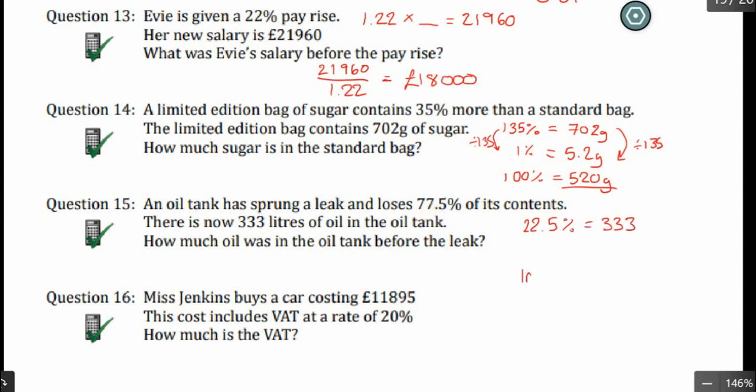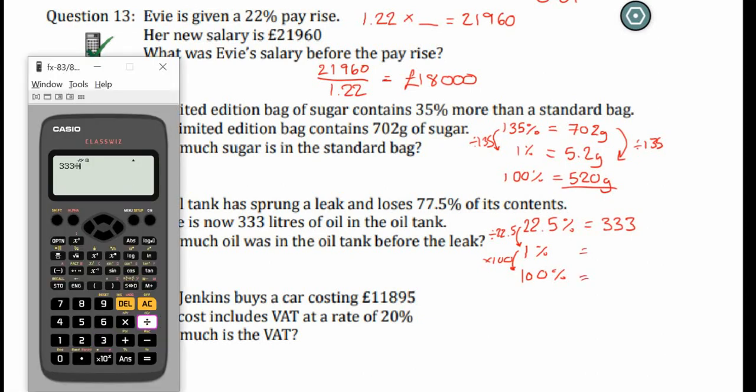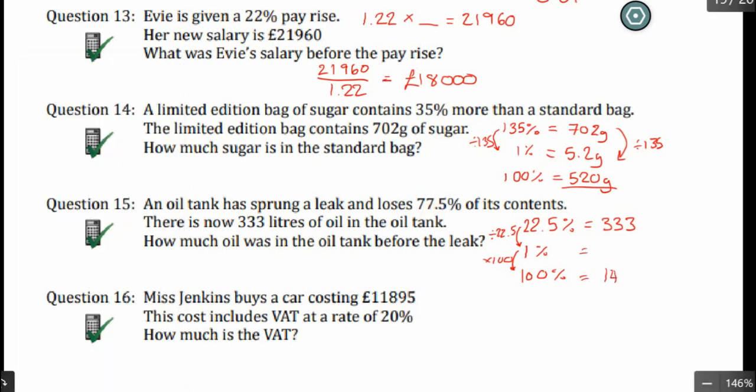To turn it back into 100%, let's find what 1% is. We need to divide by 22.5 and times by 100. So if we do the same with 333, do it all in one step, 1,480 litres was the answer.